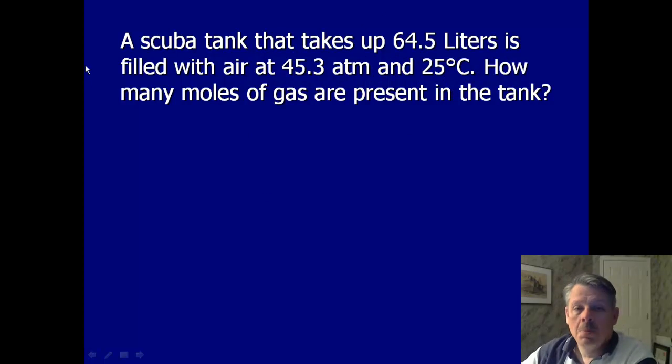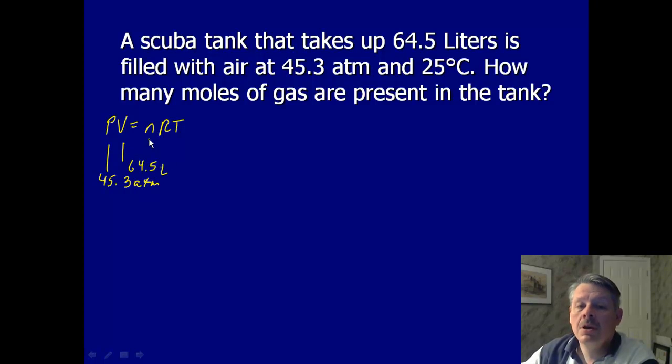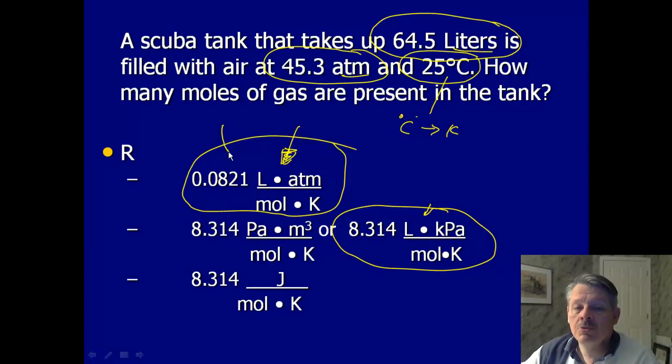Right? Our problem is we have to do PV equals nRT. So what do we have? We have our pressure is 45.3 atmospheres. And our volume is 64.5 liters. Our number of moles is what we're trying to figure out. Our R constant, well, if we go back, we chose this first R constant, the 0.0821, because it's in liters, atmospheres, moles, Kelvin.